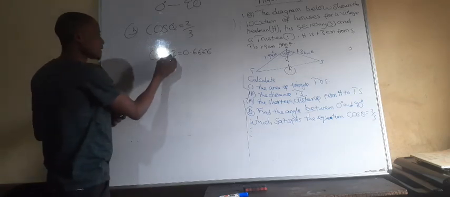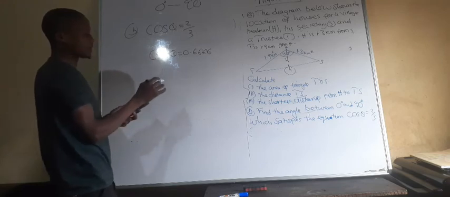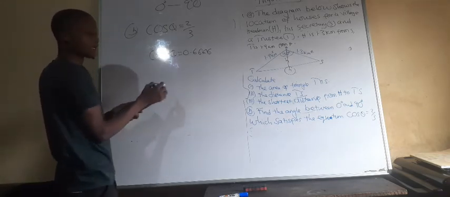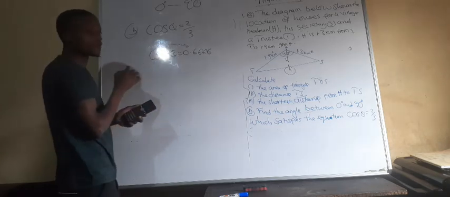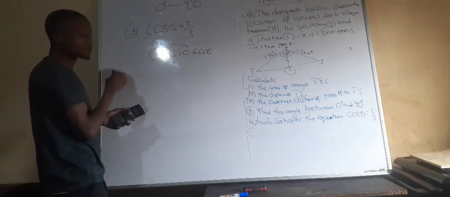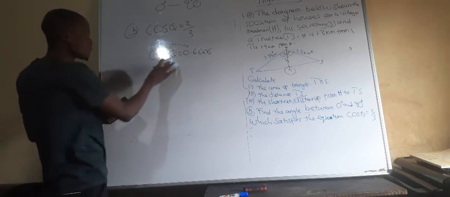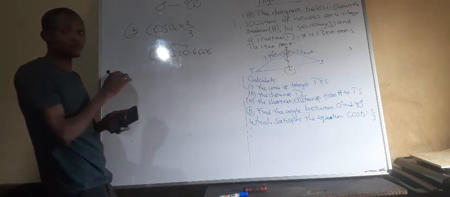Then what we want is the angle. We want the theta, we want the angle. So theta represents an angle. So we have to change this cos, we chase it to go that side. Now whenever cos, sine or tangent crosses the equal sign, it becomes an inverse.